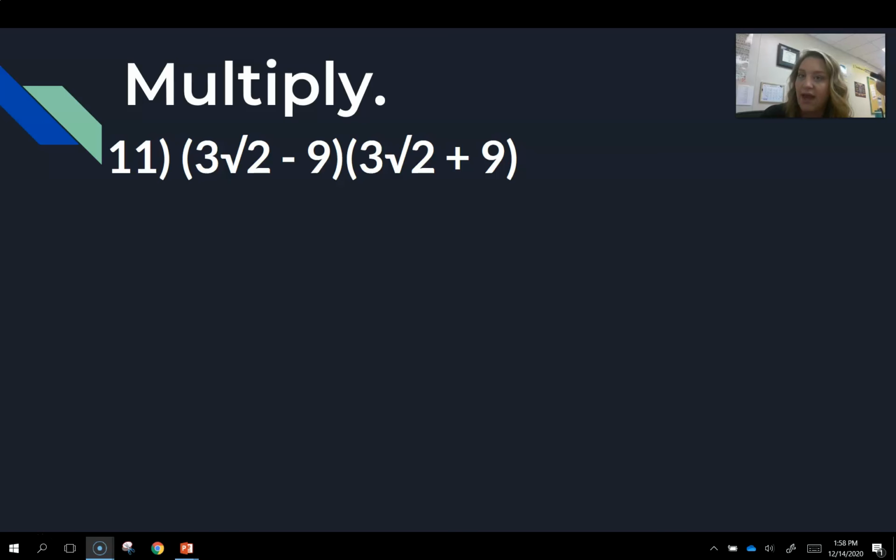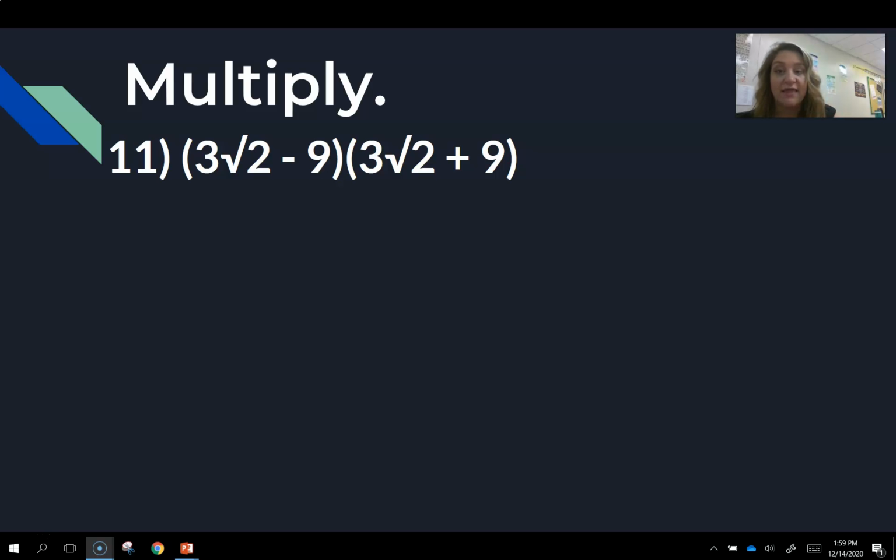So if I have radical conjugates, we're going to use that to get rid of my radicals. The answer here shouldn't have any radicals in there. And again, we're going to use these to rationalize our denominators, which is coming up next.